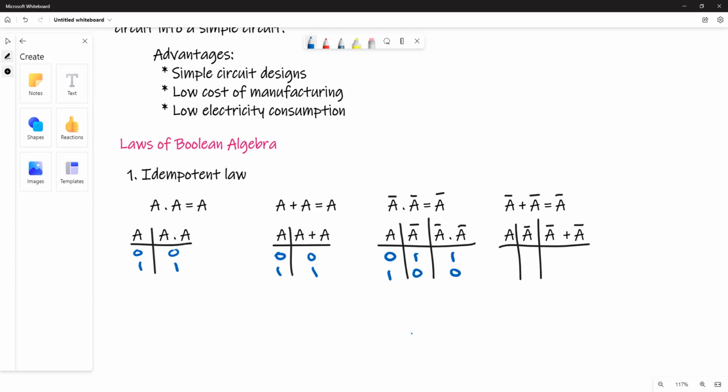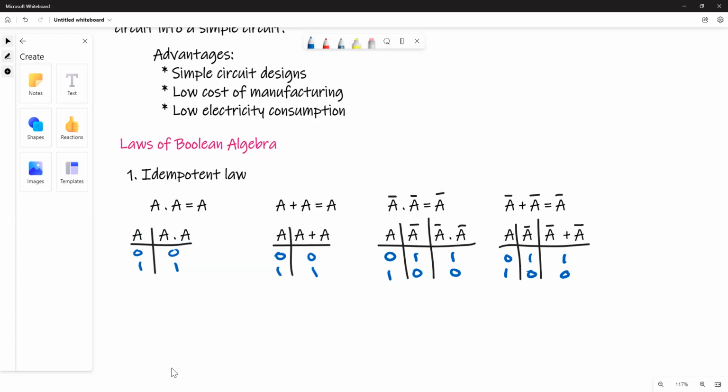So we will see that A bar dot A bar is equal to A bar. So this is also the same. And similarly here, when you have 0 and 1, we have 1 and 0 here, right? So 1 plus 1, this is 1, 0 plus 0, that is 0. So you can see that yes, these identities hold.